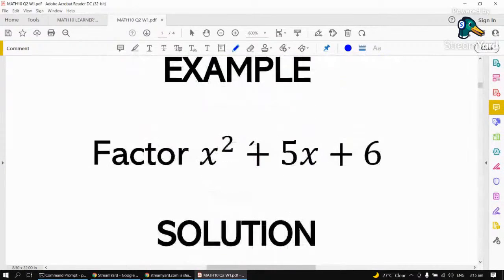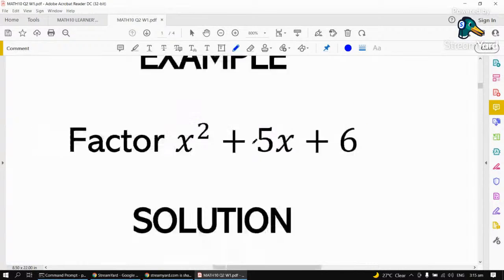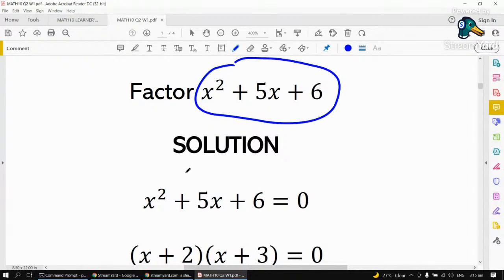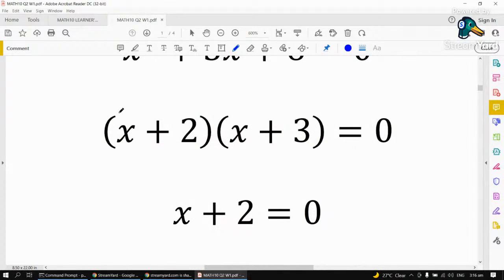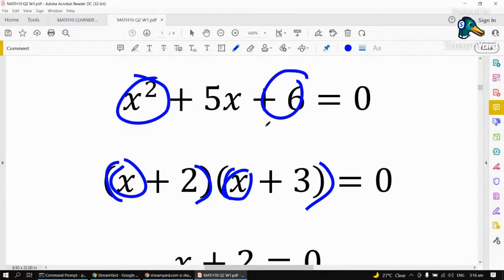Example ng quadratic equations, 'yung isang equation na pinakamataas na exponent is 2: x squared plus 5x plus 6. So 'yung pag-factor niyan is maglalagay lang tayo ng dalawang parentheses. And then itong x squared is x times x. And then itong positive 6 natin is positive 2 and positive 3.